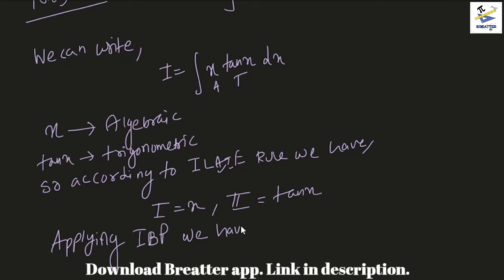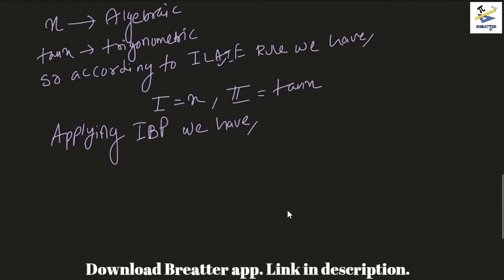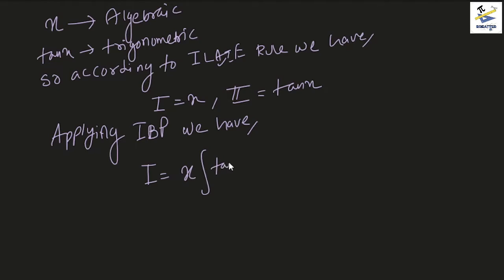we have I equals x into the integral of tan x dx minus, so this is one part, and then again we have x into the differentiation of x, which is x prime, into the integral of tan x dx, right?